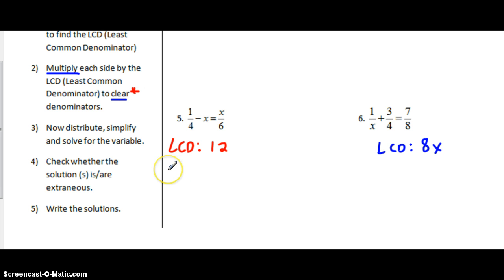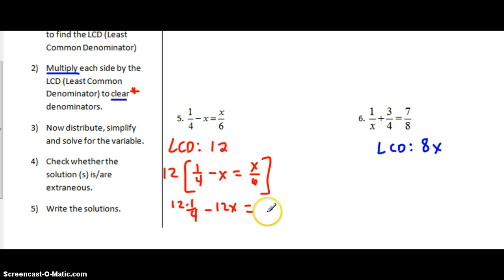So I'm going to go ahead and multiply 12 by everything in my equation. So we have 12 times 1 over 4 minus 12 times negative x, and then 12 times x over 6.